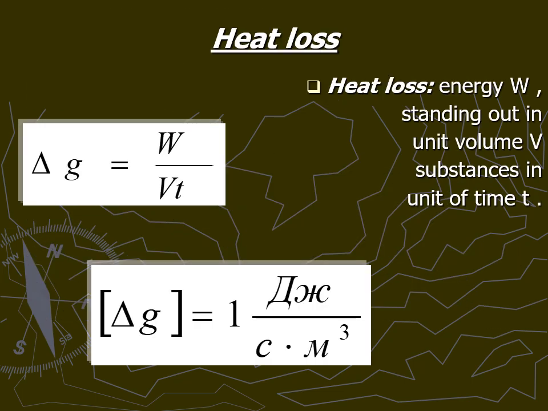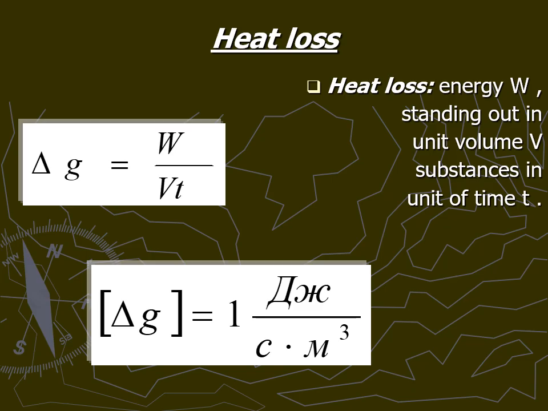The next issue is heat loss. Heat losses allow us to estimate the amount of heat that is released in the tissues of the body under the influence of this physical factor. A general formula is used here that allows you to estimate heat losses.